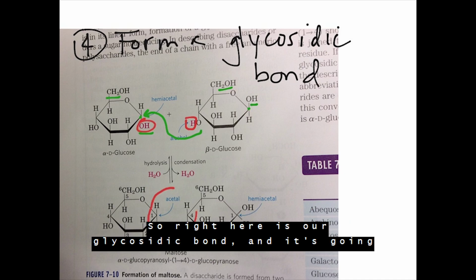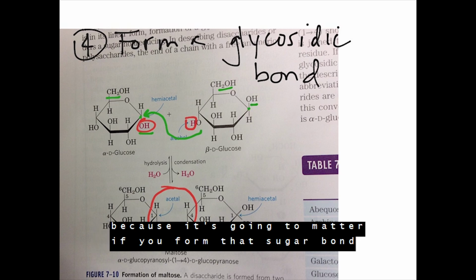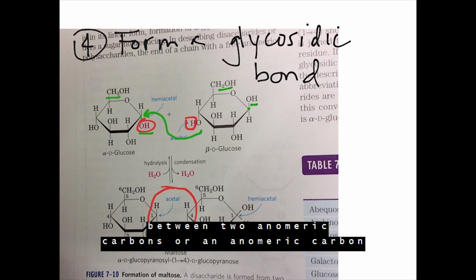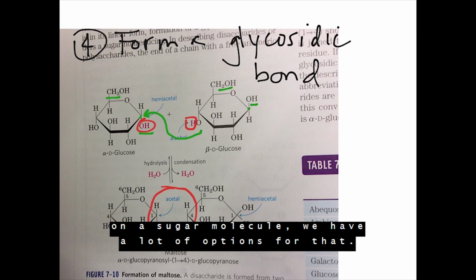So right here is our glycosidic bond. And it's going to matter, and we're going to talk about how you describe this bond, because it's going to matter if you form that sugar bond between two anomeric carbons or an anomeric carbon and some other hydroxyl group, which you can see on a sugar molecule. We have a lot of options for that.